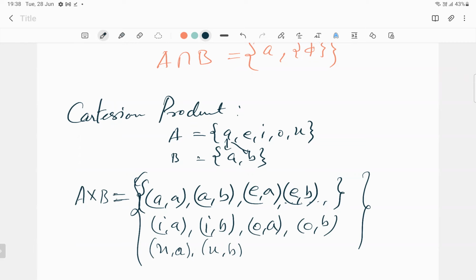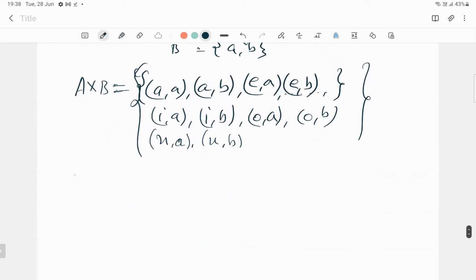Can you just write a Cartesian product? Set A has two numbers, 1, 2. Set B has number 3. Just write the Cartesian product.